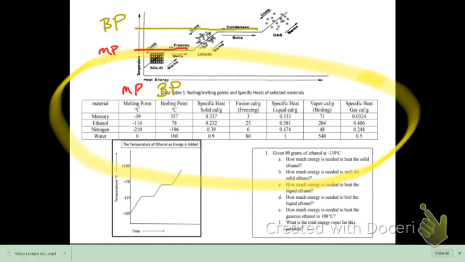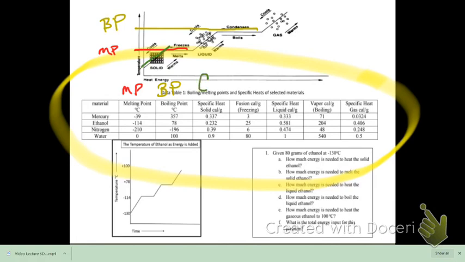We already know that all substances have their own specific heat at which you can heat them up. So specific heat would apply to how much energy, how much heat would have to go into heating up a solid. That is the specific heat here in this column.